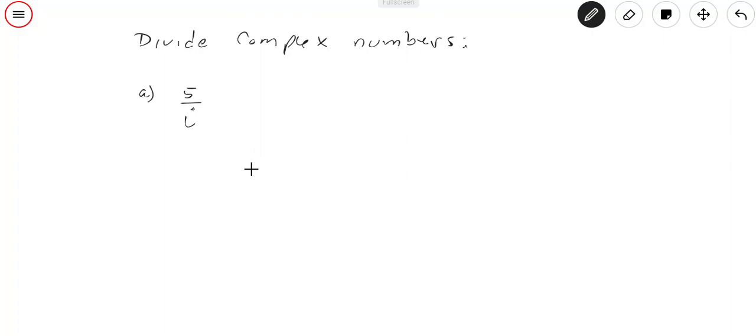So if you go back in time, you will remember that we said that we don't want to have a radical in the denominator of a fraction, okay, because then the expression is not in lowest terms. So when I have 5 over i, this expression is not in lowest terms.